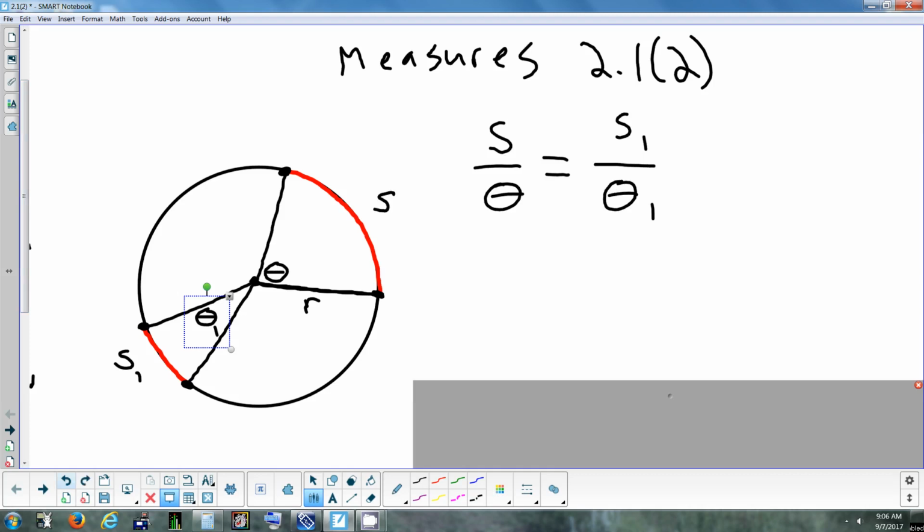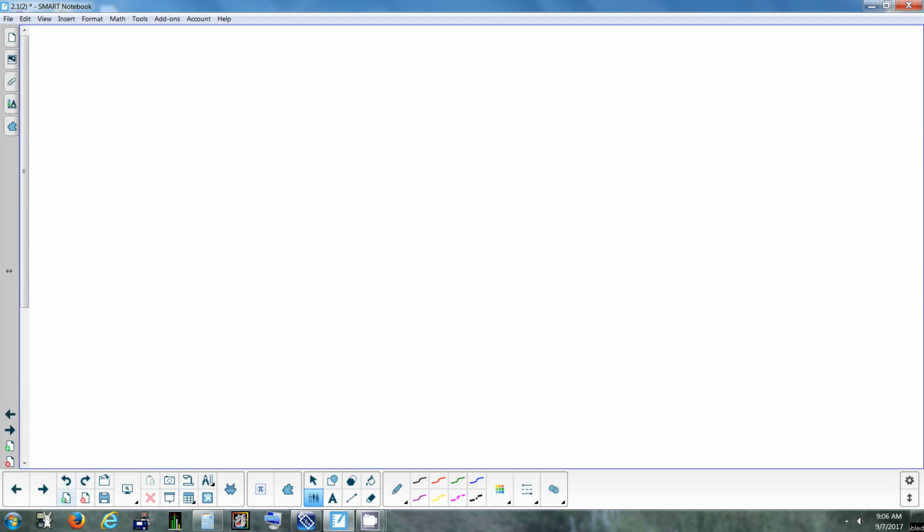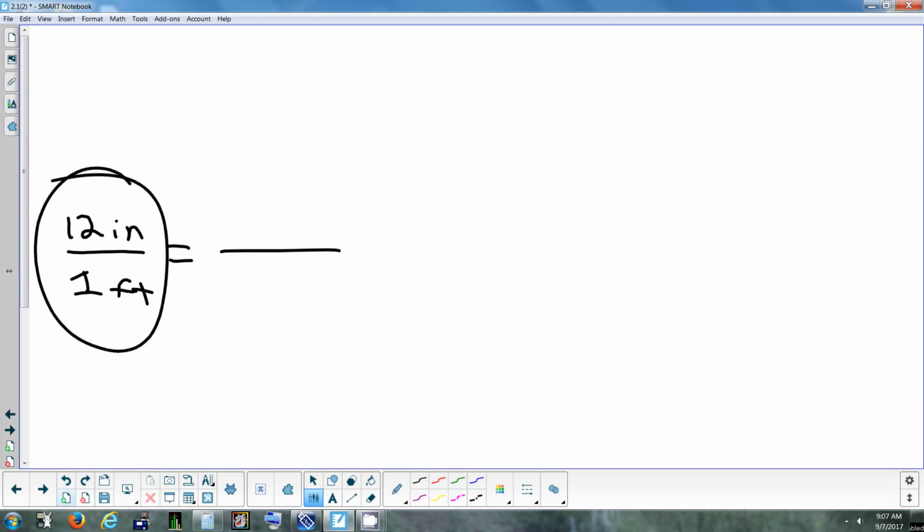Now, the problem with that is that we don't know anything. It's kind of like if I wanted you to convert between, say, feet and inches. What's the connection between feet and inches? There's 12 inches in 1 foot. You have to know one side of the proportion already to start. And then you can fill in anything you want on the right-hand side.